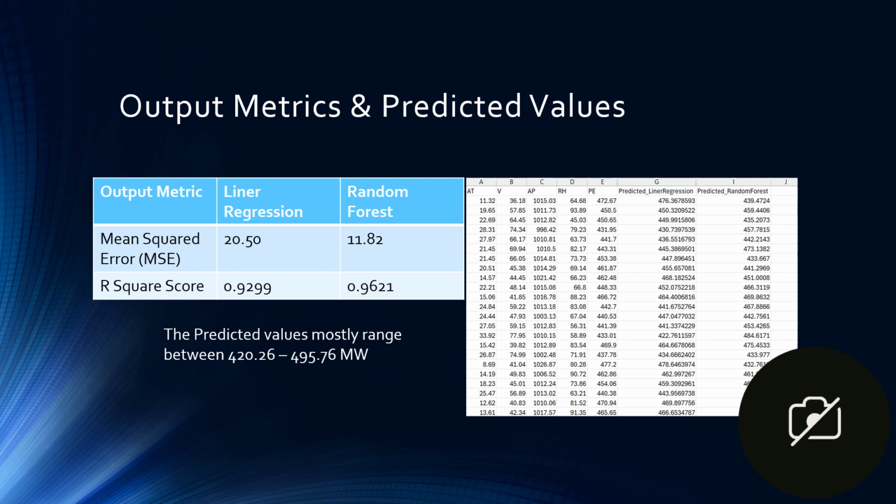Since 0.96 is much closer to 1 than 0.93, the random forest seems to be the more performant and accurate model here. And I've also attached a snippet, a very small subset, of the output values with the predicted values of the linear regression and random forest models.